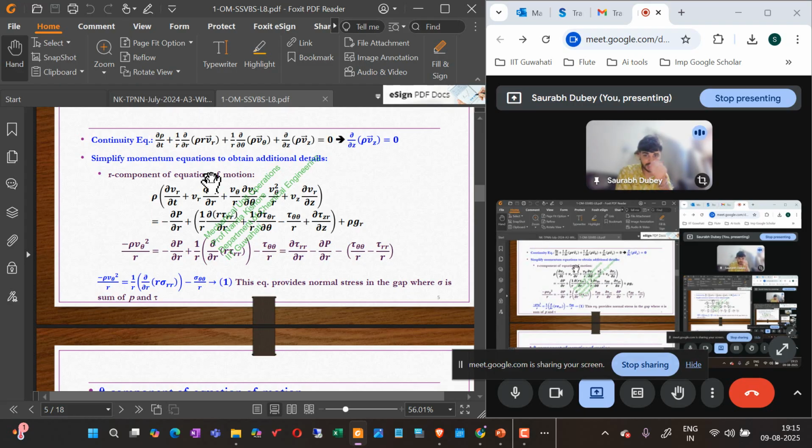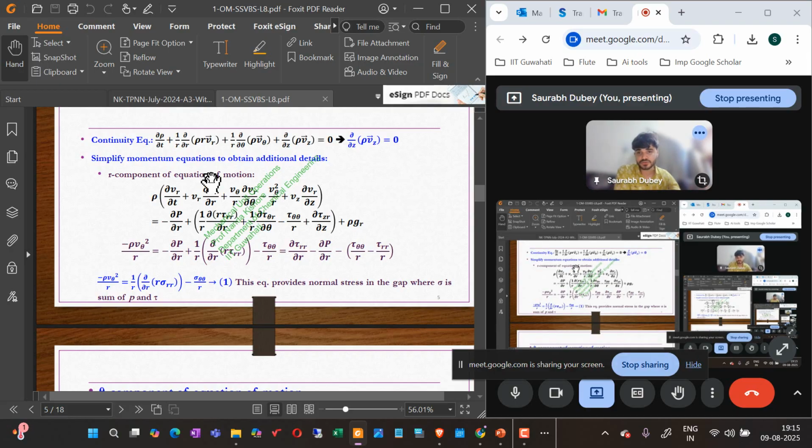It means there is no dependence on time, so the del rho by del t term becomes 0. And then another term, 1 by r del by del r of r rho vr.